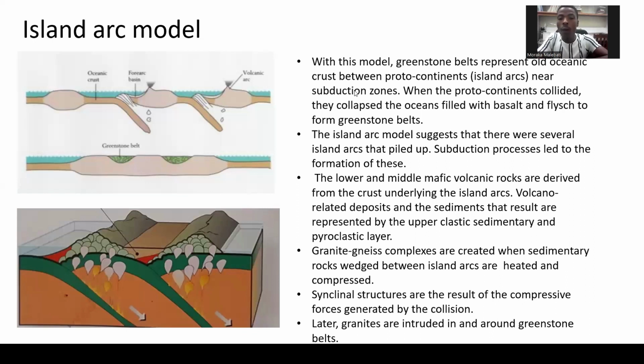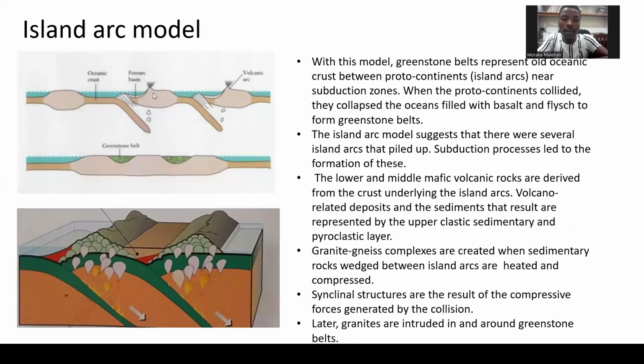When the proto-continents collided, they collapsed the ocean, or consumed the ocean. The oceans filled with basalt and flies to form the greenstone belts. You can also check this uppermost picture, where we would assume we have these island arcs which piled up.